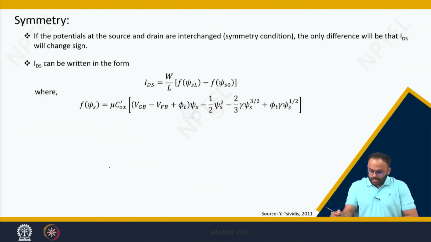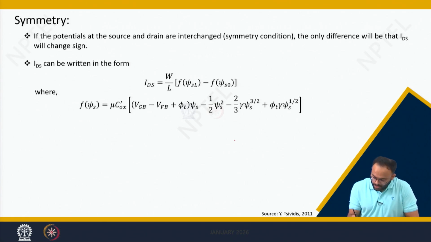Let's analyze the symmetry of this MOS transistor. We said that we have two N plus terminals, this is the source terminal, this is the drain terminal, and we have a gate terminal here.